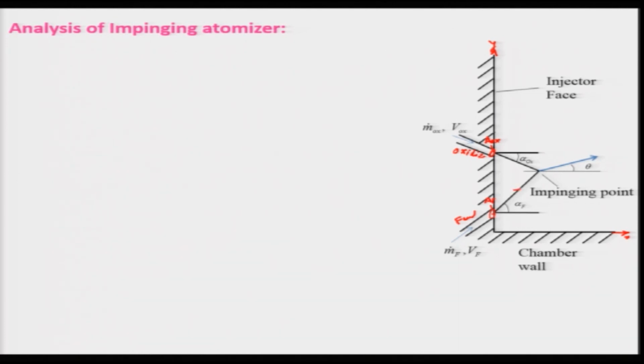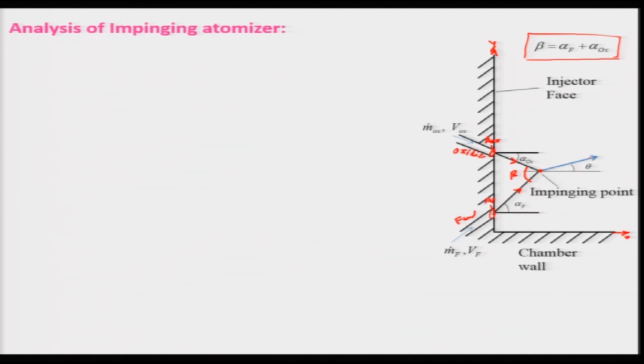And keep in mind that this is your impinging point, and after impinging we are assuming the total mass flow rate is moving with certain mean velocities. Keep in mind that this angle is nothing but beta, which is alpha f plus alpha Ox.